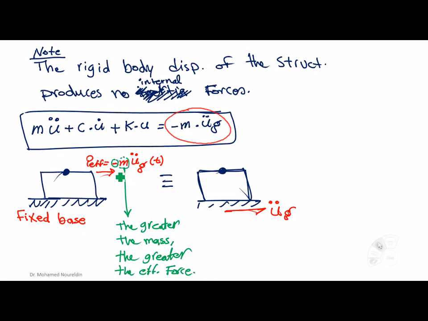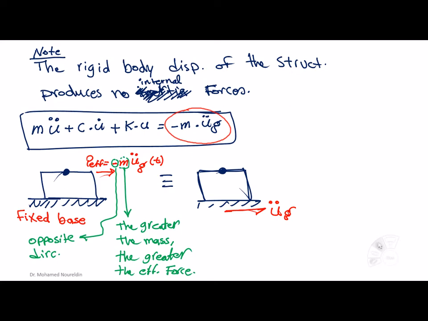The meaning of minus, I'm going to put it here. Minus means opposite direction. Opposite direction means that the motion of the earthquake is going to develop opposite to the P effective direction. The minus means that the force acts in the opposite sense of the acceleration.